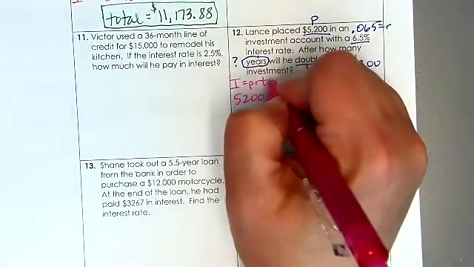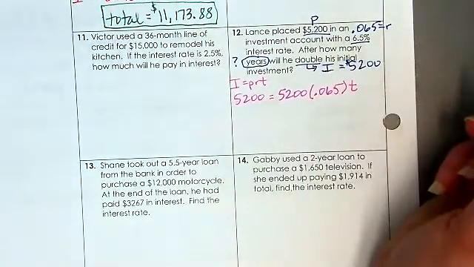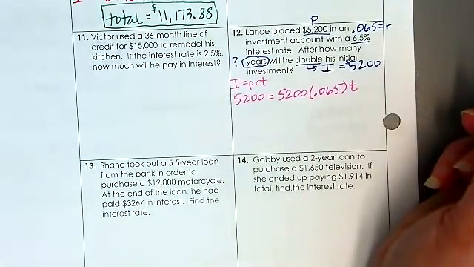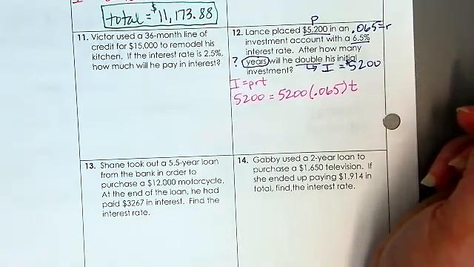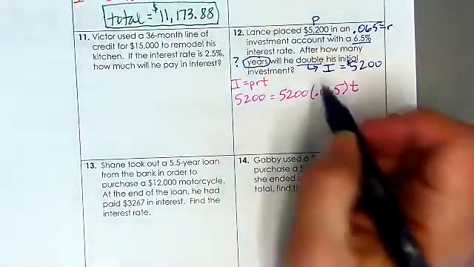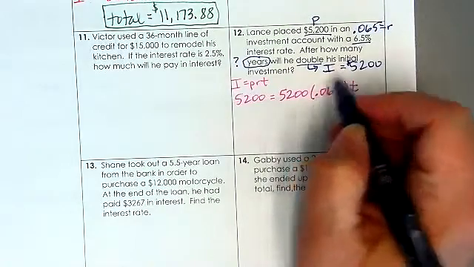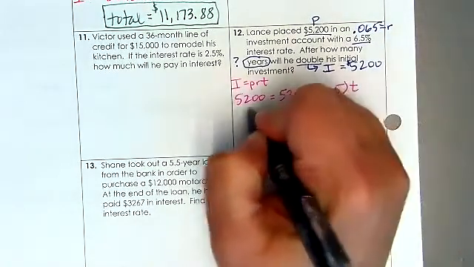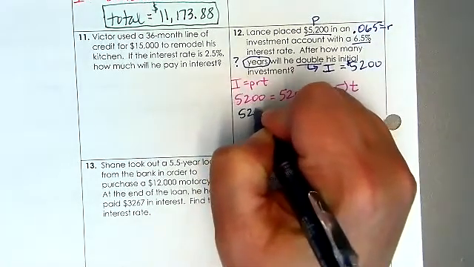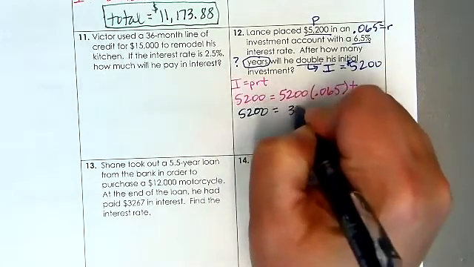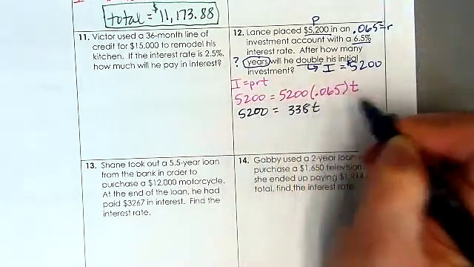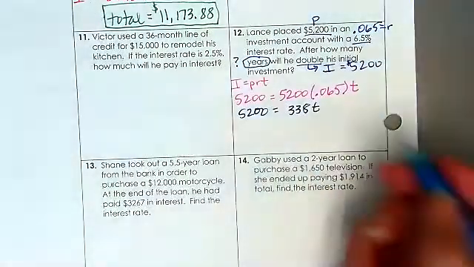So my T, I'm just going to write as T. If you want to put it as an X, you are more than welcome to do that. That's just my unknown, so I'm leaving it as a T. And now we multiply. 5,200 times 0.065 gives me 338T.